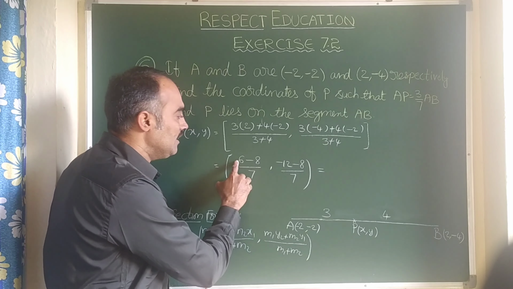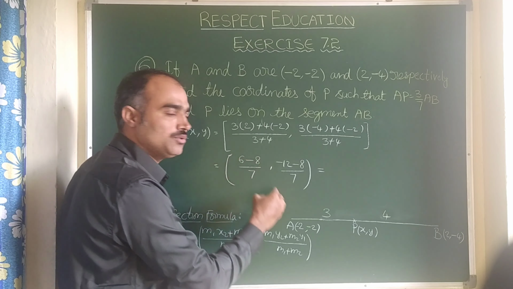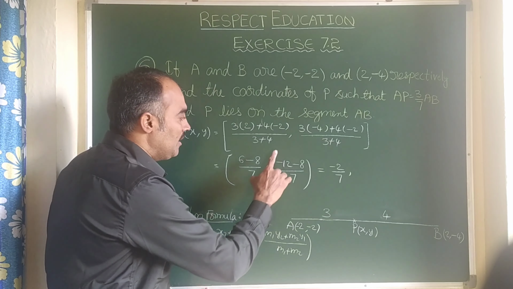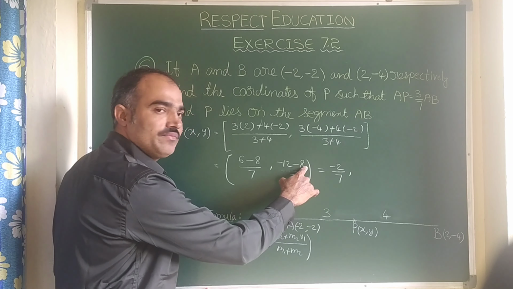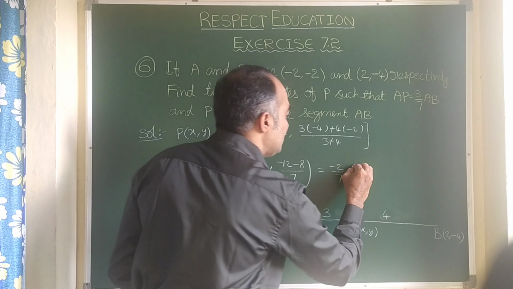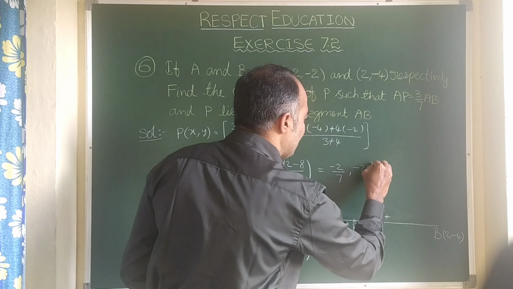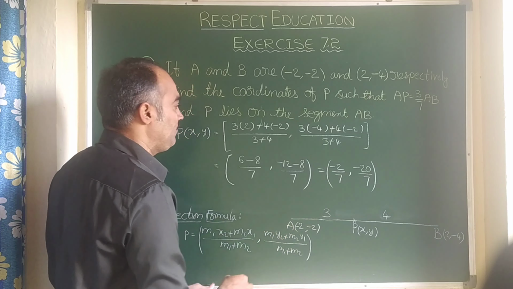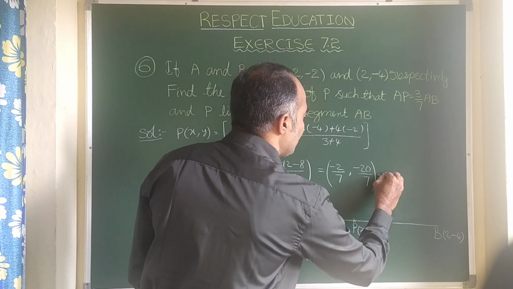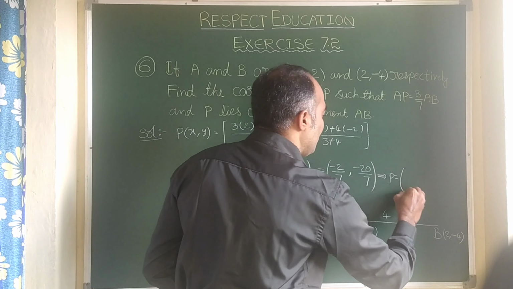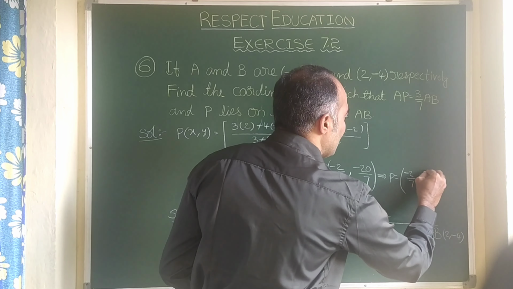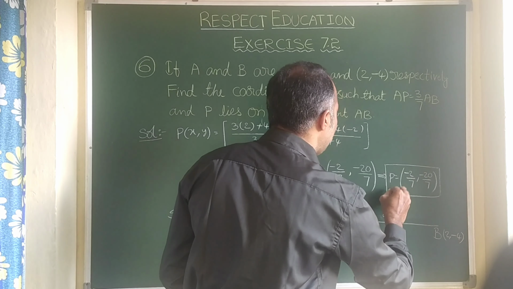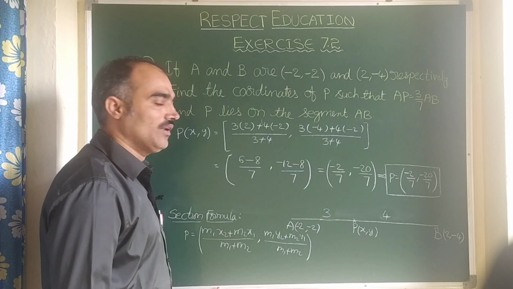So 6 minus 8 is minus 2, so it is minus 2 by 7, comma, minus 12 minus 8 is minus 20, so it is minus 20 by 7. So this is the required value of P. So we can conclude that P is equal to minus 2 by 7, comma, minus 20 by 7, which is the final answer for this problem, the sixth one, right?